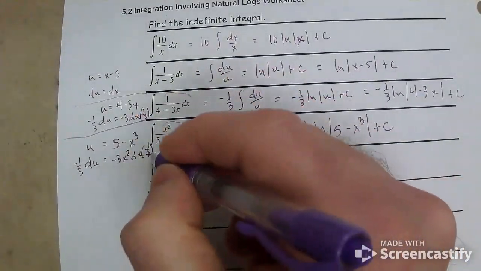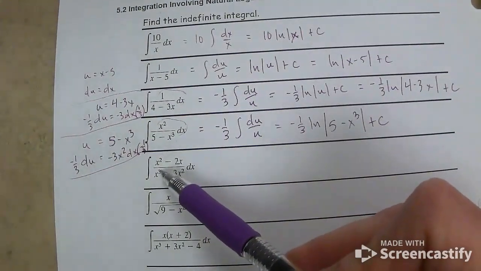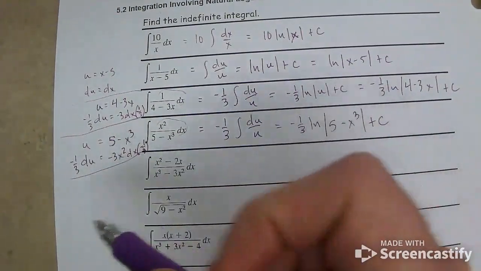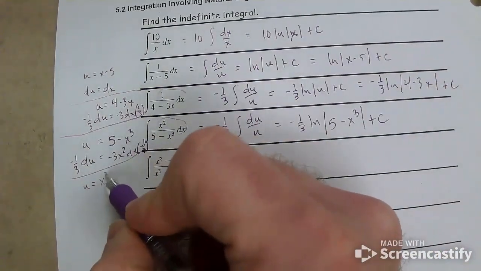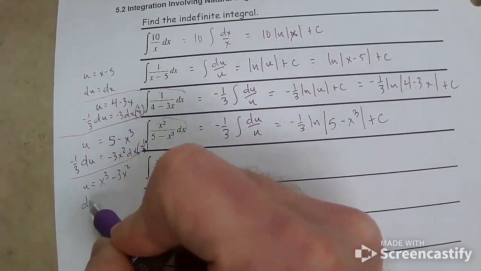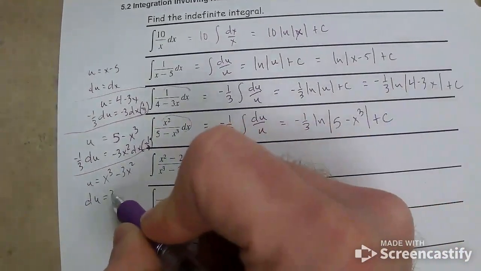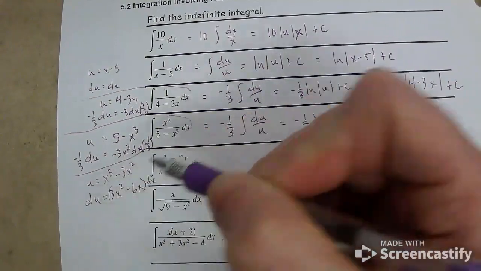Next example, we have a higher degree in the denominator here than the top. So we're going to let u equal the entire denominator, x cubed minus 3x squared. Take the derivative of that. You get 3x squared minus 6x dx.